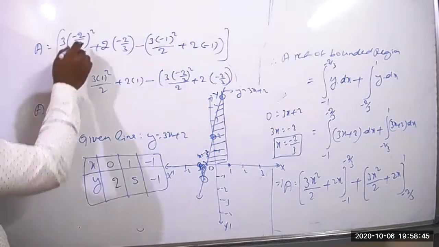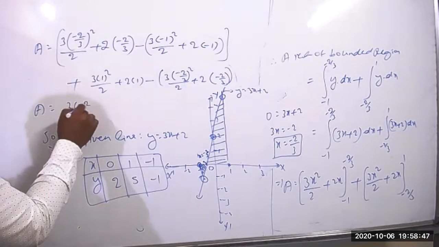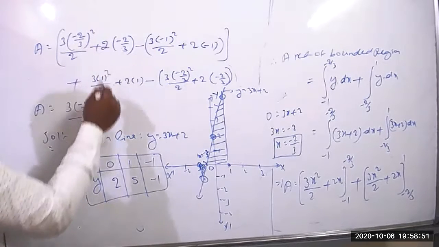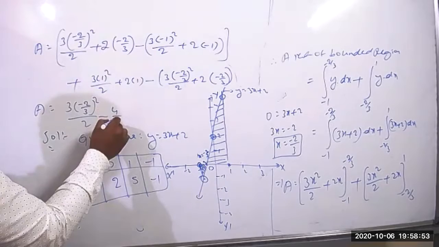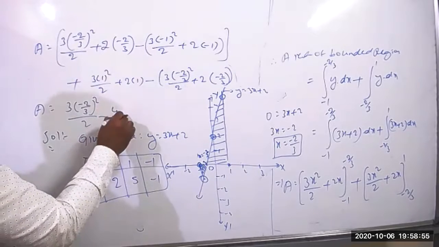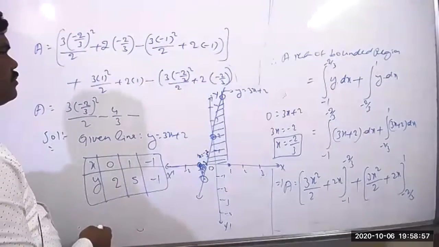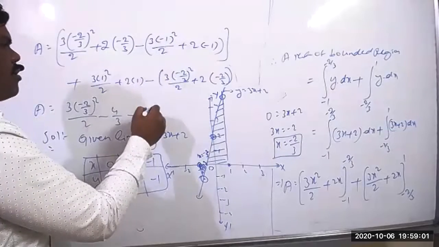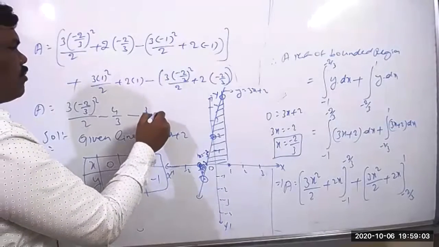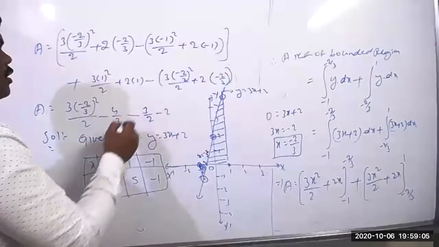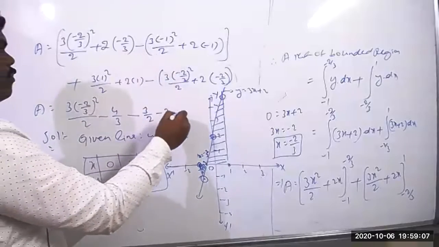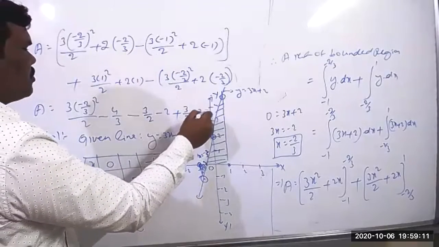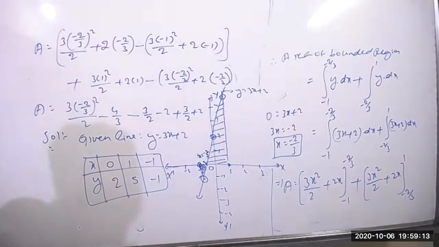So area equals: this one is 3 into minus 2 by 3 whole square by 2, and plus 2 into minus 2 by 3, which is minus 4 by 3, and minus of 3 into minus 1 whole square, which is plus 1 by 2, minus 2. So this one we got, plus this one, 3 by 2 plus 2.